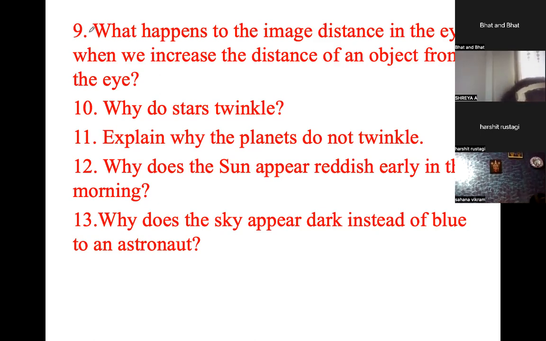The light coming from sun passes through various denser layers of air in the Earth's atmosphere before reaching our eyes near the horizon.